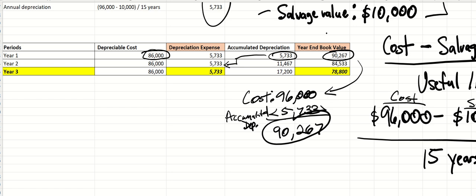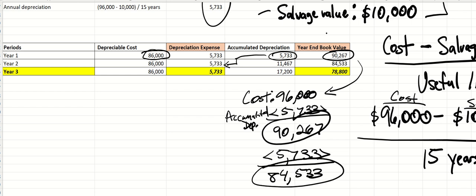That's taking the 5,733 and subtracting it from 90,267, the year one ending book value, to get 84,533. So this is the new book value going into year three, or the end of year two.